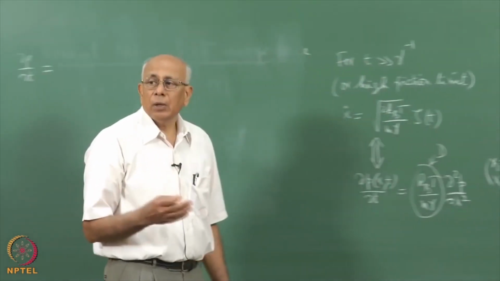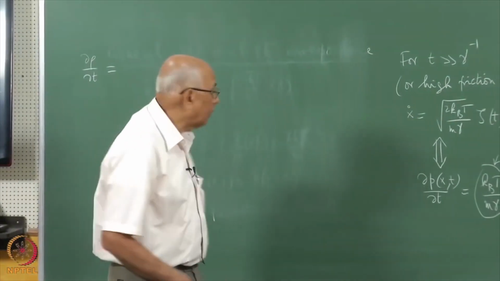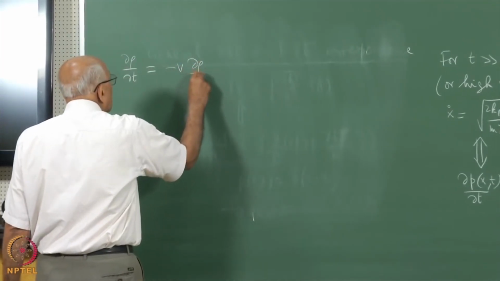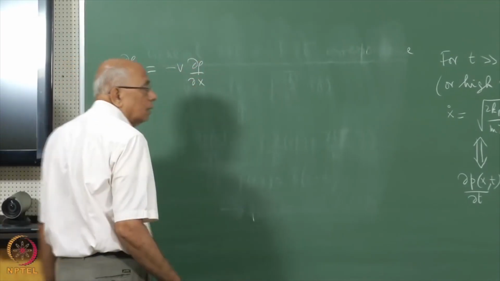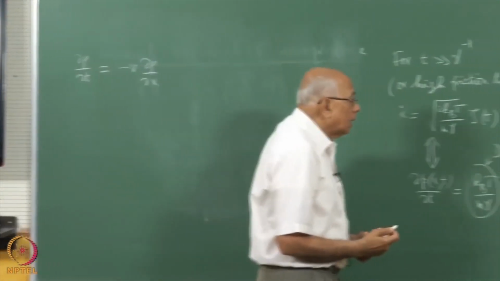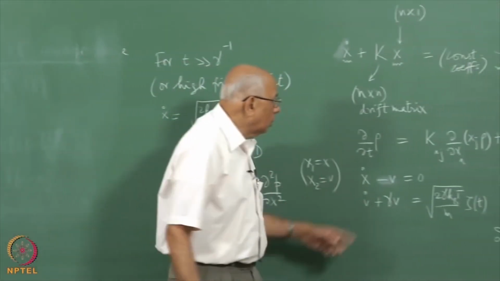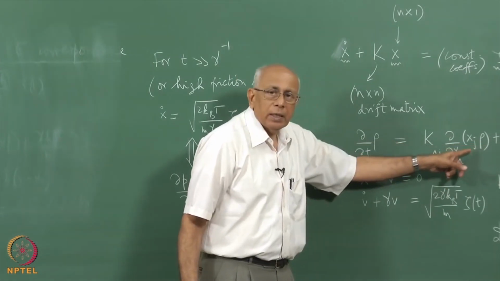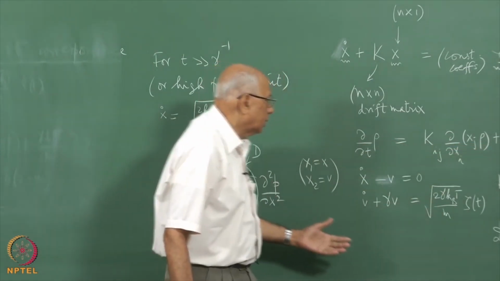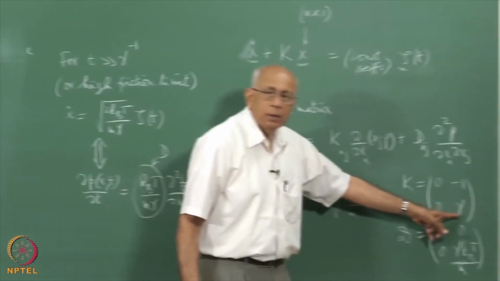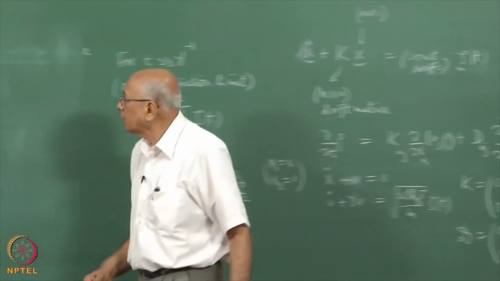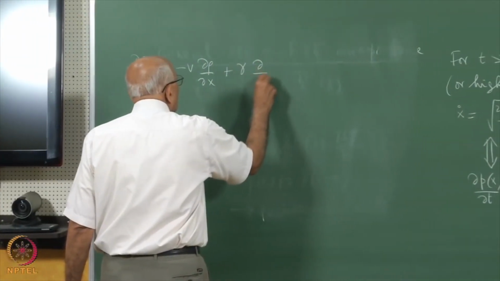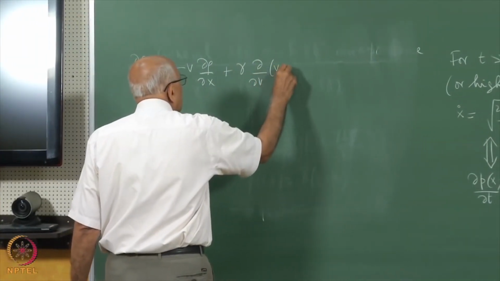But v is independent of x, x2 is independent of x1. So, this is equal to minus v delta rho over delta x, this is the first term, and then k21 is anyway 0, k22 delta over delta v times whatever is sitting inside here, which is gamma. So, the next term is plus gamma delta over delta v times v rho.